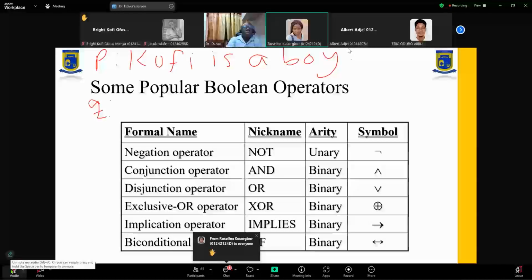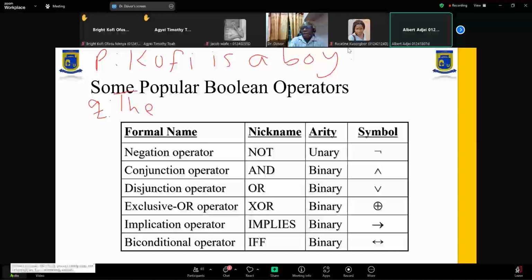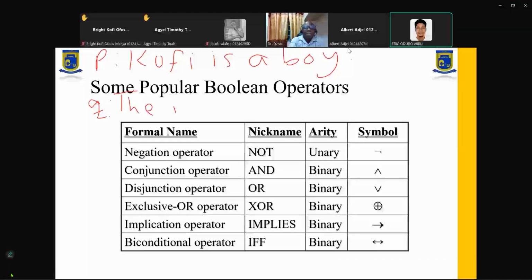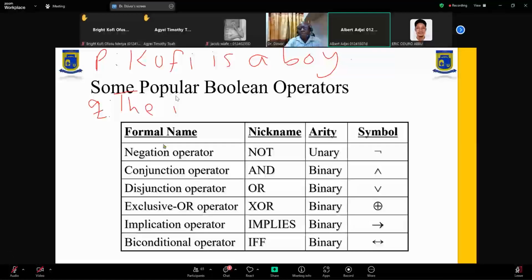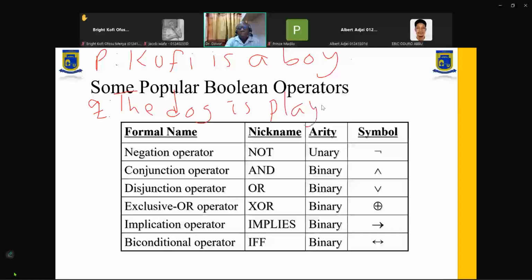The boys are playing. The dog is playing. So a lady should give me a statement like this.